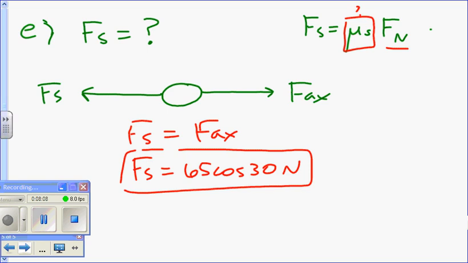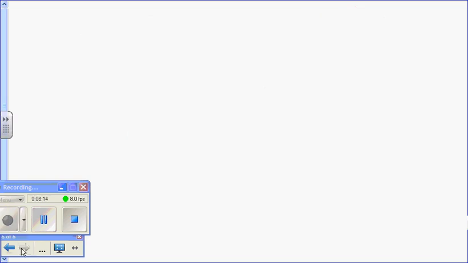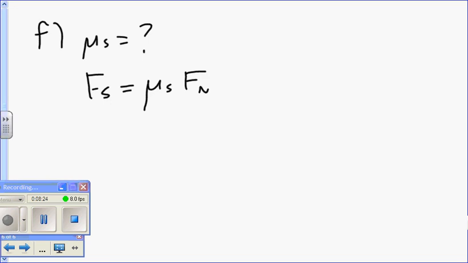Finally, in part F, it wants us to find the coefficient of friction. Well, I have to remember I gave you that formula. So we know Fn from earlier in the problem, and we know Fs from earlier in the problem.